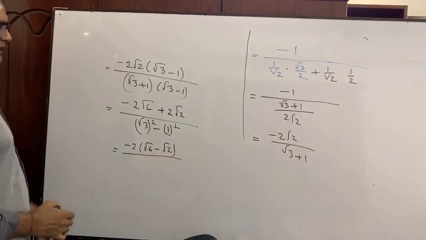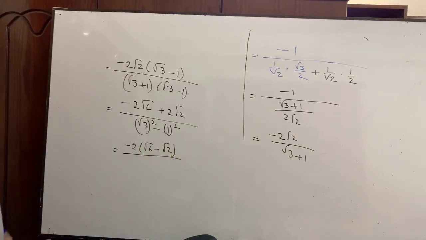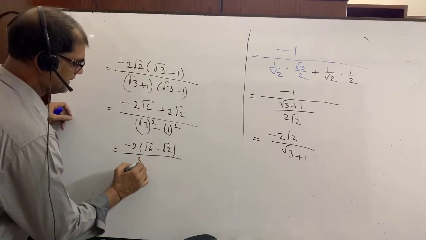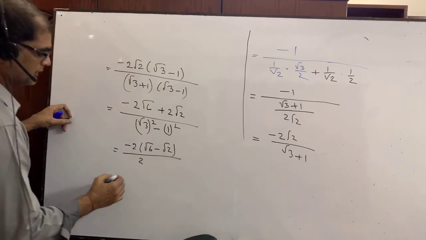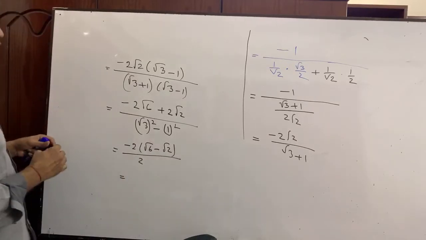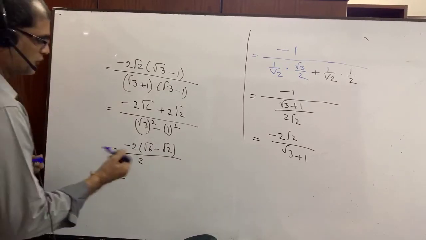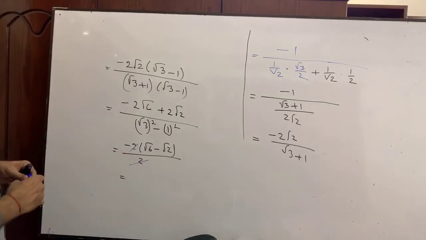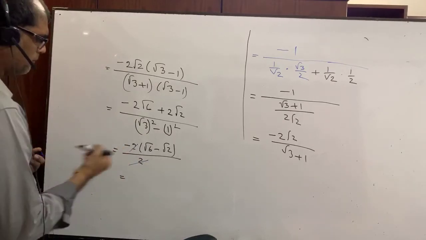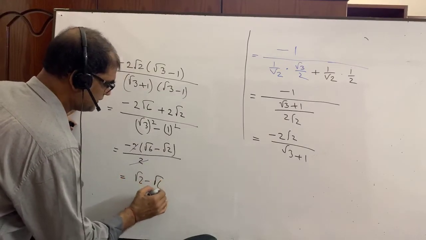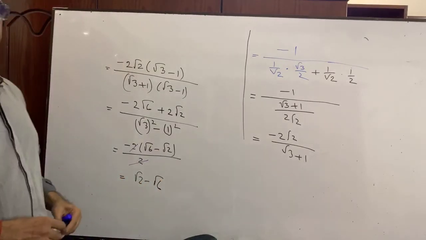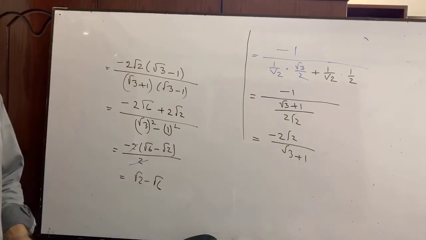Now in the denominator 3 minus 1 equals 2. This 2 will be omitted. Then we get minus plus, that is plus root 2 minus root 6. It is our answer. Please try to understand.